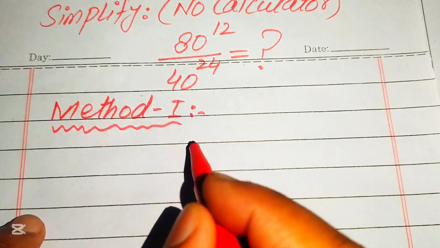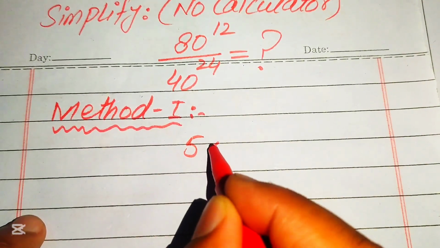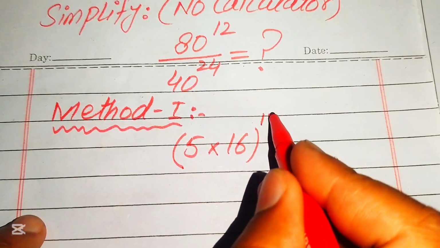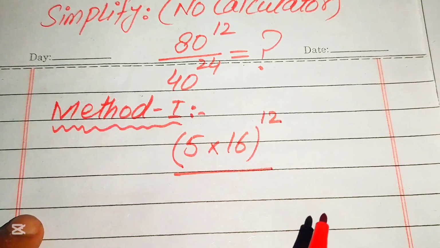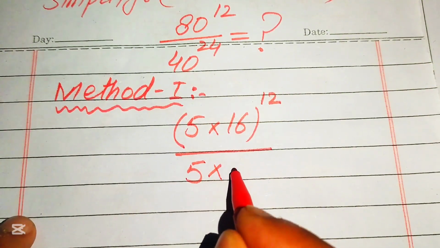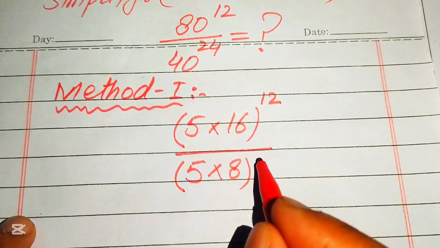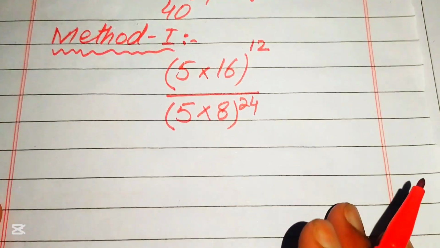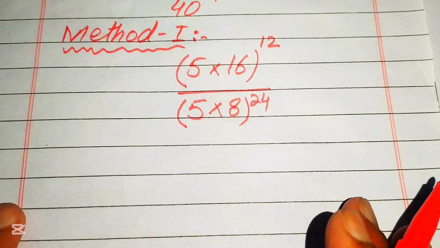So this is 80, and we know that 5 times 16 becomes 80, and its exponent is 12, and it is divided by 40, and we know that 5 times 8 becomes 40, and its exponent is 24. So here we can apply the exponent law.